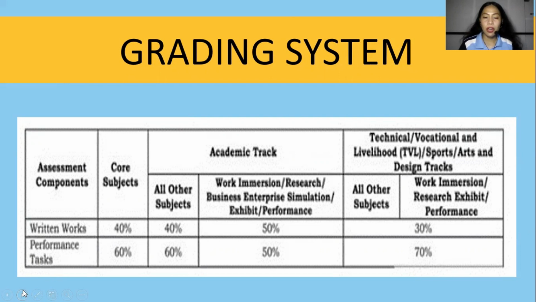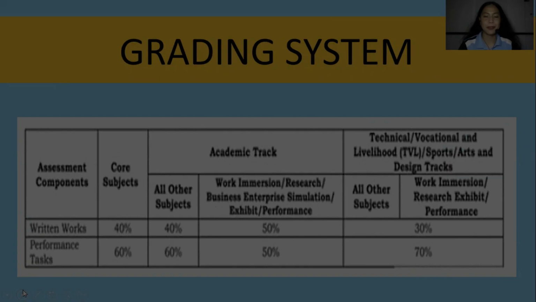For other subjects in the academic strand, like Pagsulat sa Piling Larang, Academic, it's 40-60. For the tech voc strand, Pagsulat sa Piling Larang, Technical, it will be 30%, 70%.